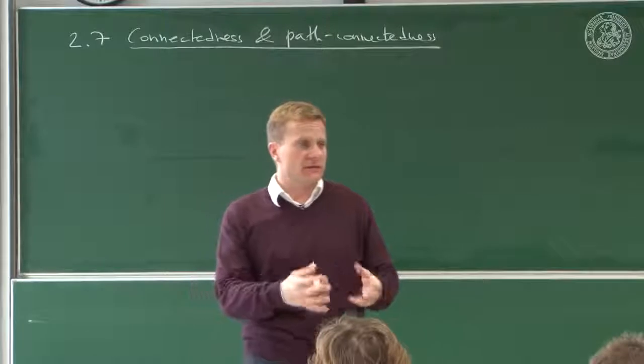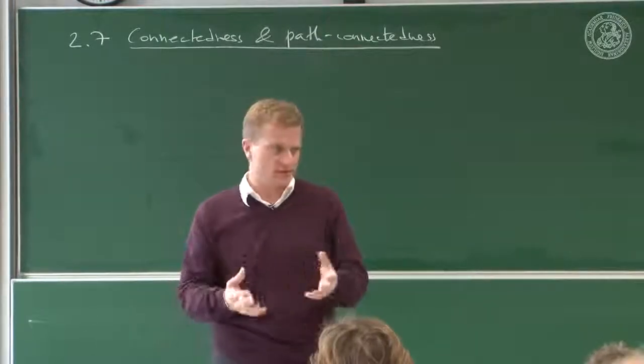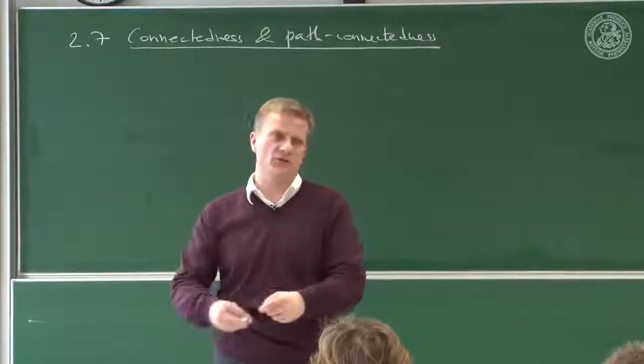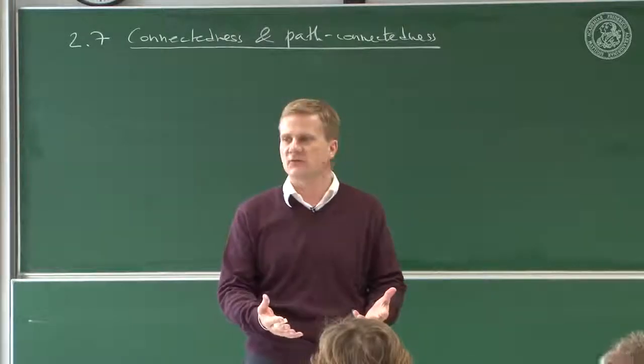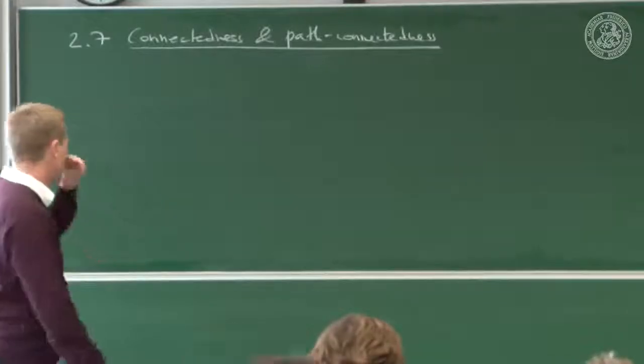Okay? And if a topological space consists of several pieces, in a certain sense to be defined, then you can study the individual pieces. So you decompose your whole space into building blocks, and you understand the space from the building blocks. So it's a basic principle that you try to understand things from the building blocks.